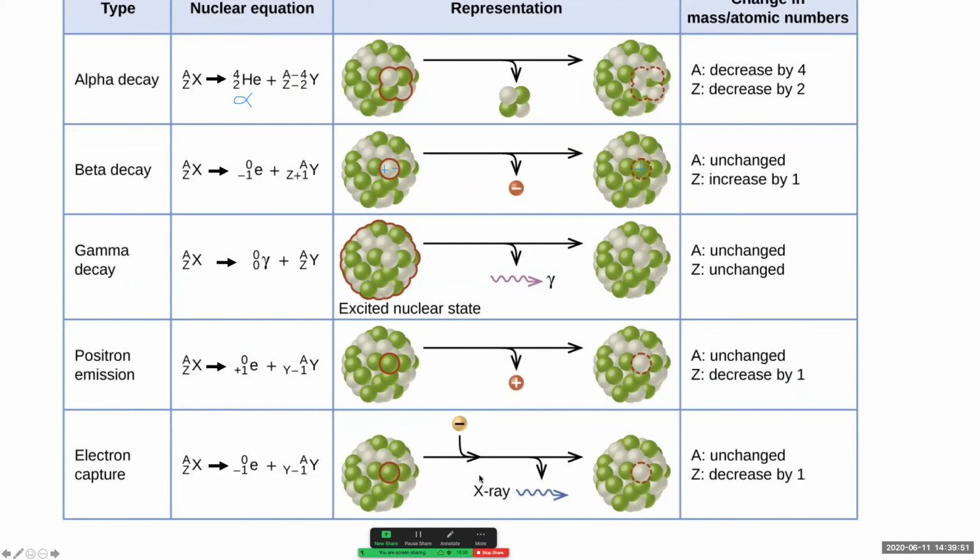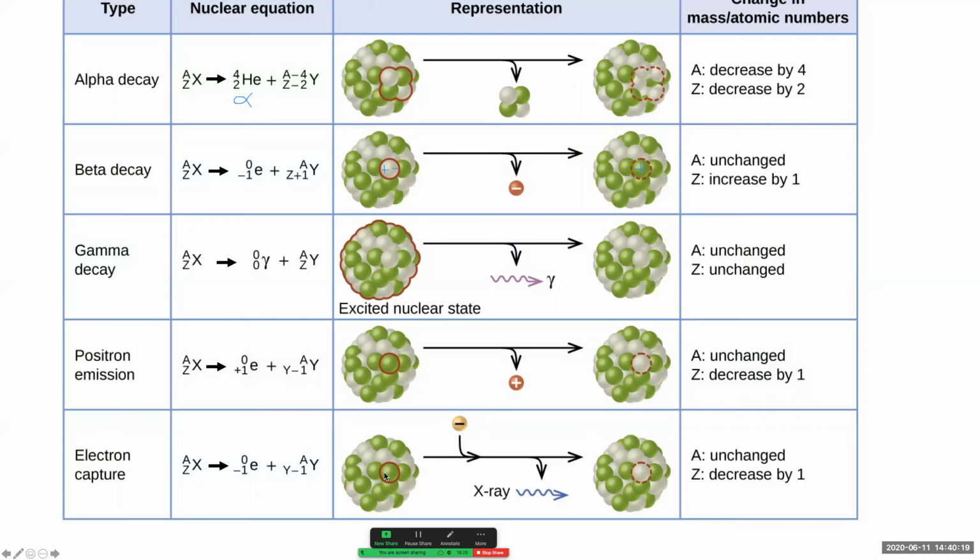Electron capture. Electron capture is a case where you take an electron from one of the inner shells of the atom, not the valence shell, maybe n equals 1, and the nucleus will capture one of its own electrons, and it gets trapped by the nucleus.